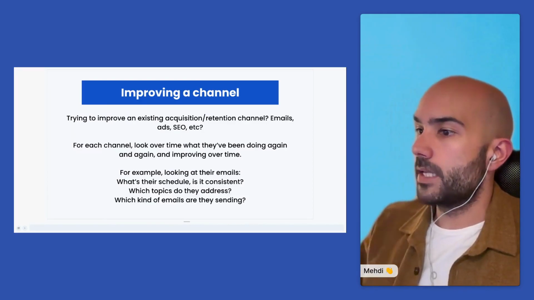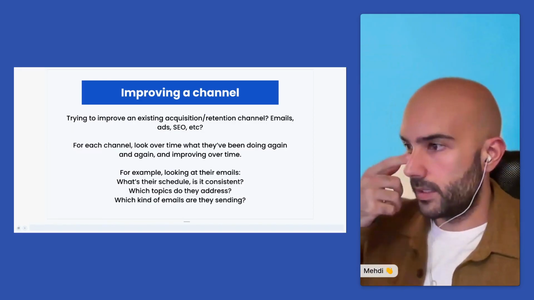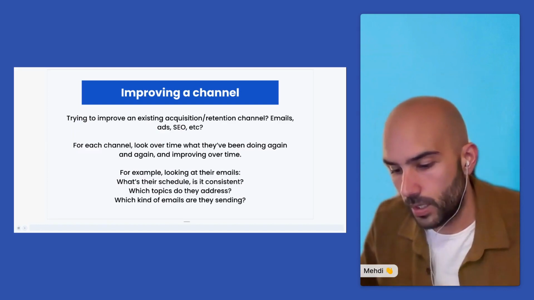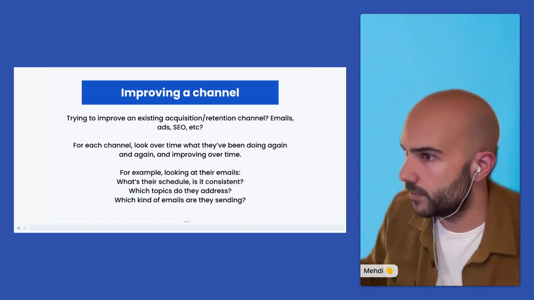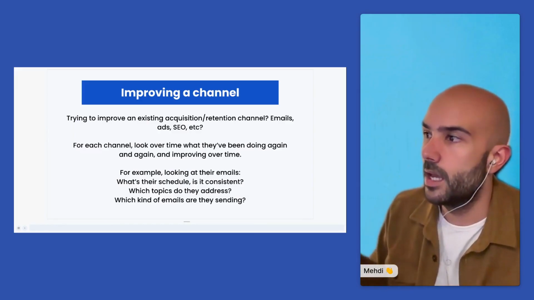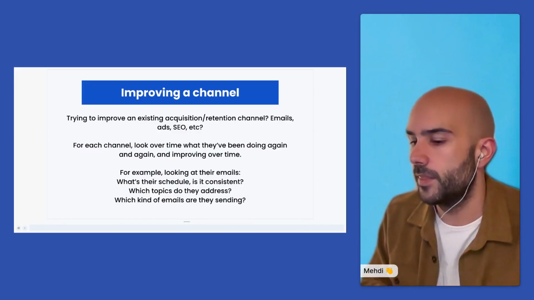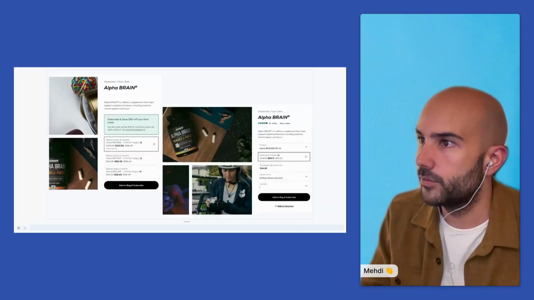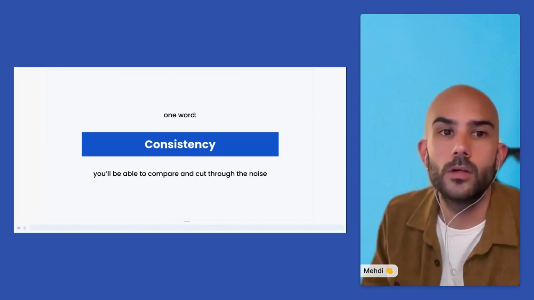Next one, improving your channel. Same thing here. I'm taking the example for the emails, but you want to look at their schedule, if they're consistent, which topic do they address, which kind of emails they're sending as well. Most important thing here, and I'm going to get back to the one word, consistency.